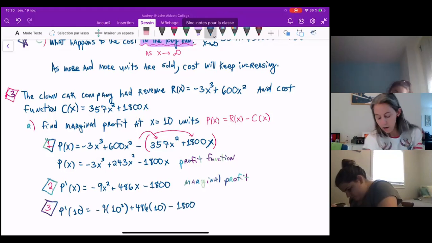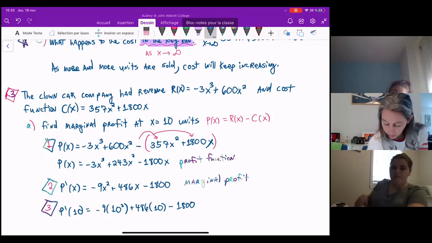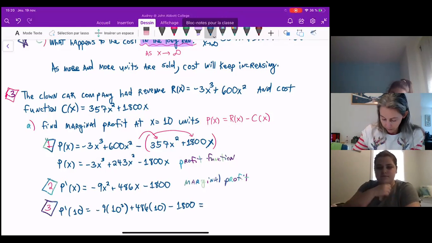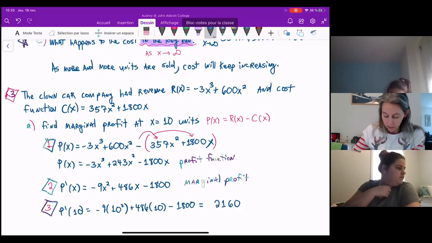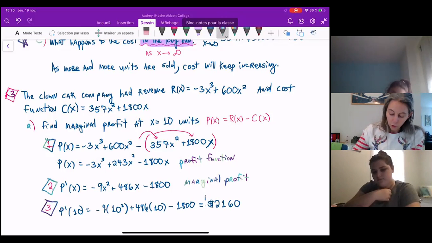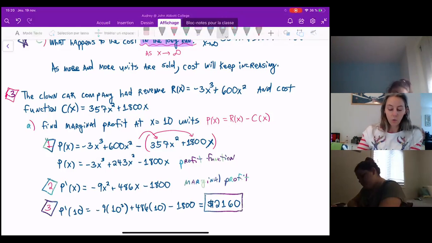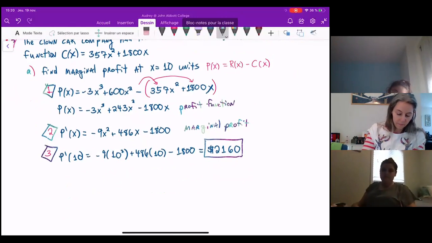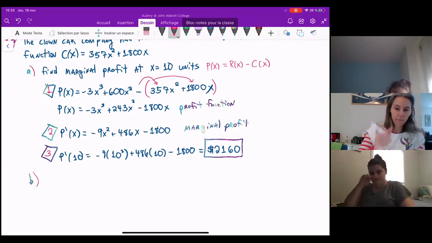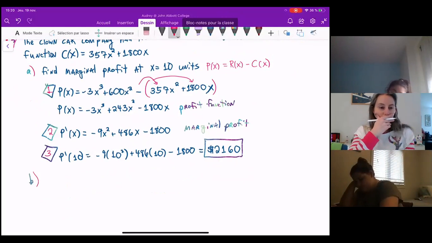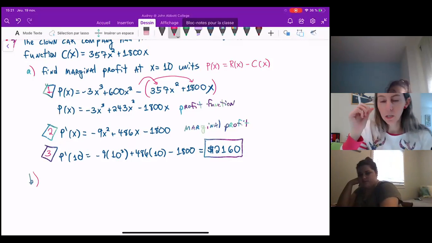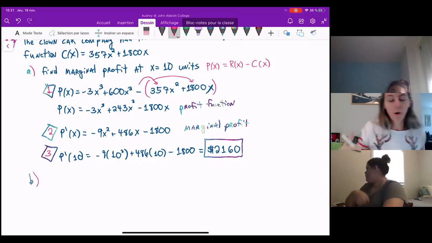So that's negative 900 minus 1800, negative 2700 plus 4860 gives me 2160. And that is my marginal profit when X is equal to 10. Okay, are there any questions about what we have done to find that marginal profit at 10?